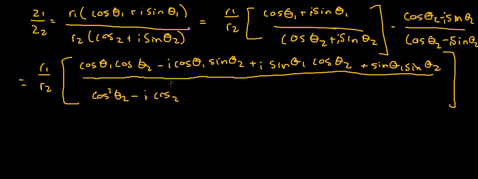Cosine 2 sine 2, next plus i cosine 2 sine 2, and then last, again, I get a minus sine, but the i's are going to multiply and be minus 1, so it's going to change it to positive. So sine squared theta 2.